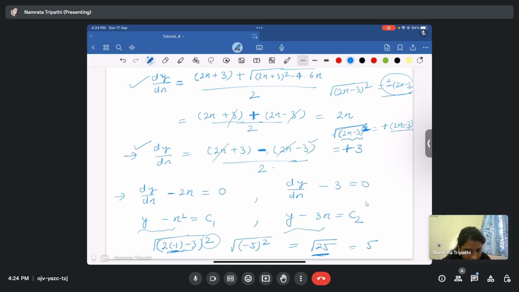For getting a positive value, we should check the right hand side, minus 2x minus 3, no? But it's the whole square. What is the graph of x square? It will always be positive. Fine. I want to say the reflection of positiveness should be given in the expression also. When we write under root 2x minus 3 whole square equals 2x minus 3, when x is less than 3 by 2 it should be minus 2x plus 3.